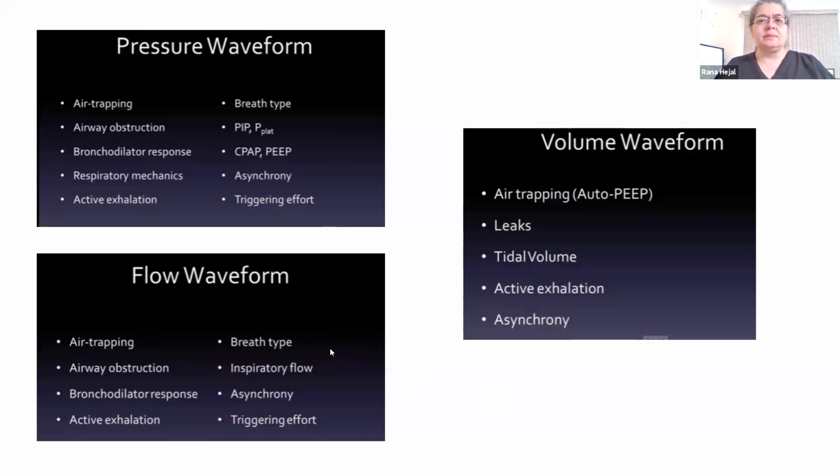And remember that because you're looking at a volume control setting, the pressure waveform becomes a dependent variable. So if any of this happens and the flow pattern changes, the pressure is going to change. So the combination of these two will give you a certain diagnosis. We rarely look at the waveform of the volume, but often you can tell how big of a volume they're going to get.